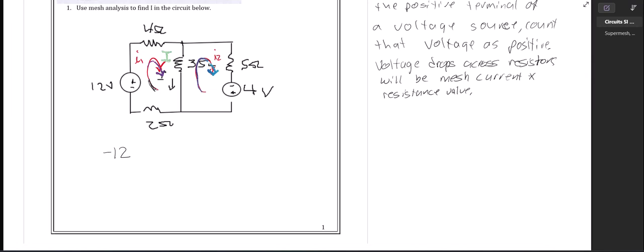So voltages are just whatever number they are. You don't use mesh analysis with current sources because unless you know what the voltage drop is across the current source. We can use it here because we know what the voltage drop is across a voltage source.